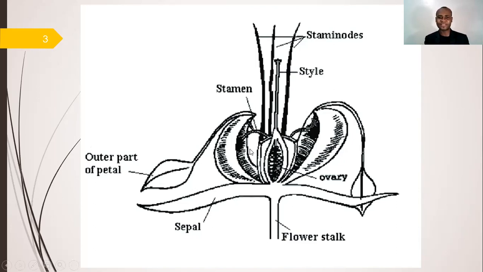So in fertilization, what you need to understand more has to do with the function of the staminals, the style, the stamen, and then the petals. Because their arrangement influences flowering. It influences flower fertilization.